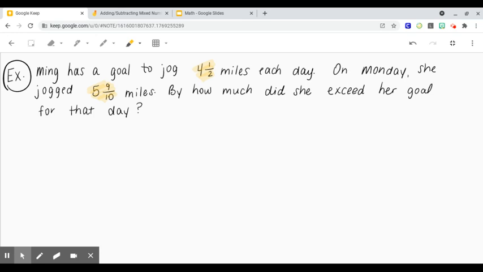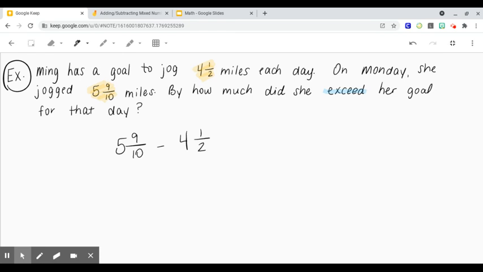So the question's asking, how much more did she go over her goal? That word exceed means to go over or go past. So the question wants to know how much more she exceeded her goal for that day. If her goal was 4.5 miles and she jogged 5 9/10, we're looking for the difference.